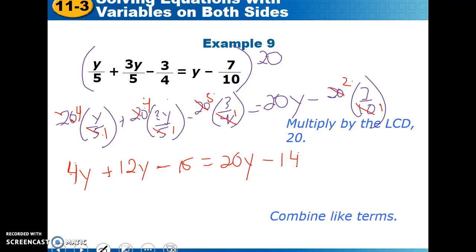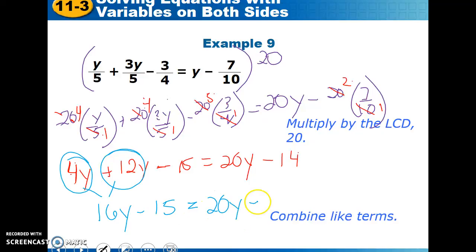So now I'm going to combine like terms. So I've got a 4y and a positive 12y on this side. Combining those to be 16y minus 15 equals 20y minus 14.